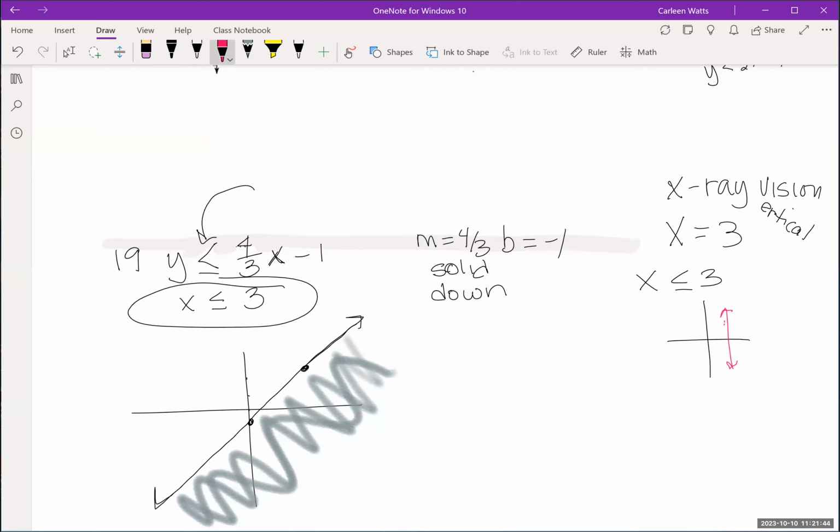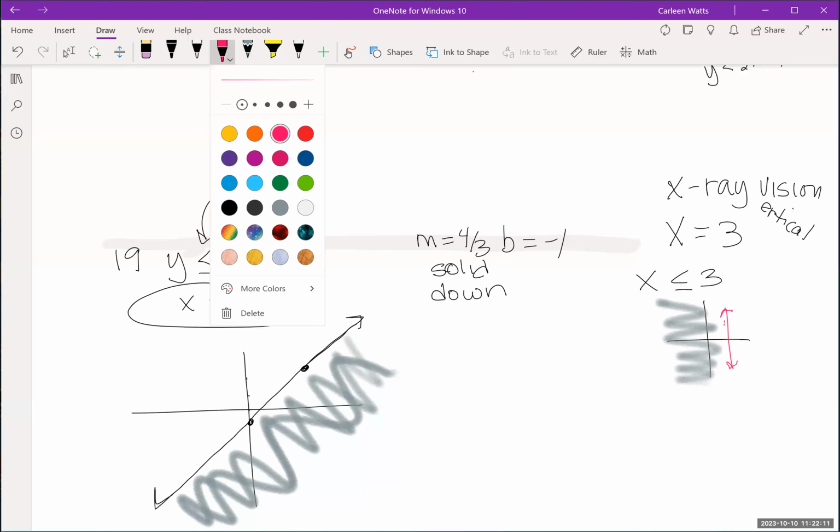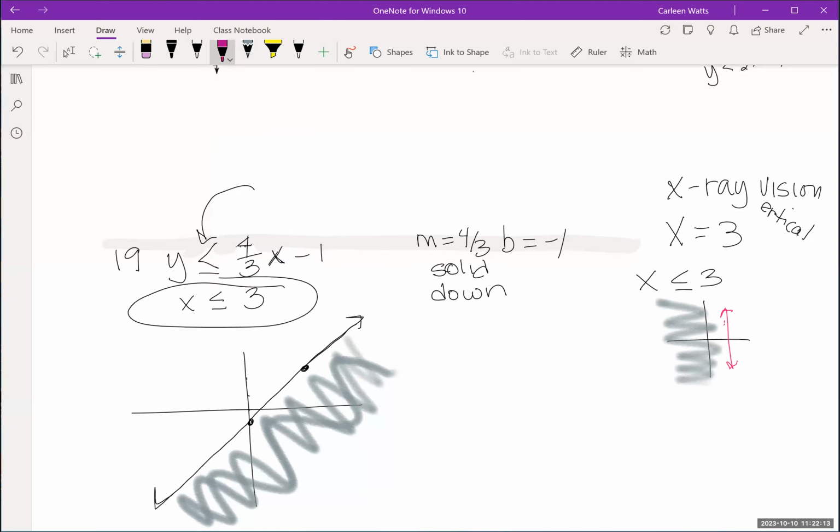Now, where am I going to shade? Less, oh my, less than 3. I want numbers less than 3. 2, 1, 0, -1. Ding, ding, ding. Can you see that shading is going to look right there? Now, notice, this is really cool. See how this points to the left? And the shading pointed to the left.